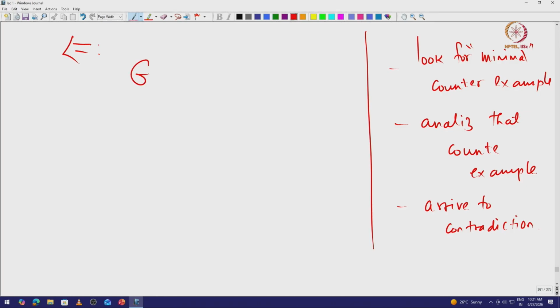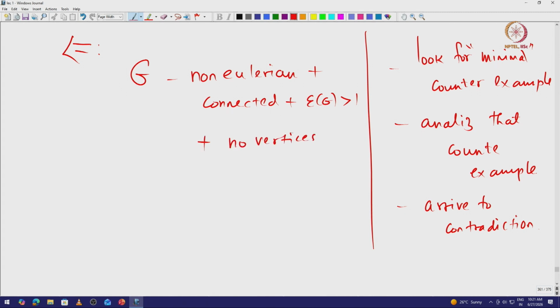So, you have G which is non-Eulerian and connected, with the number of edges at least one, because we do not want a trivial graph with no edges, and we are assuming that it has no vertices of odd degree. This is the assumption.